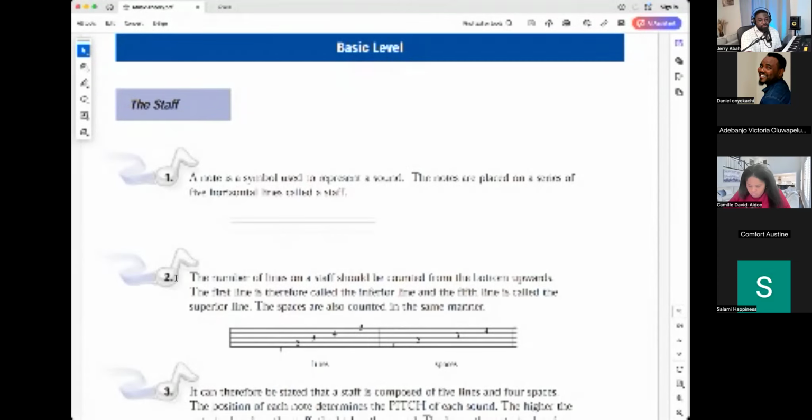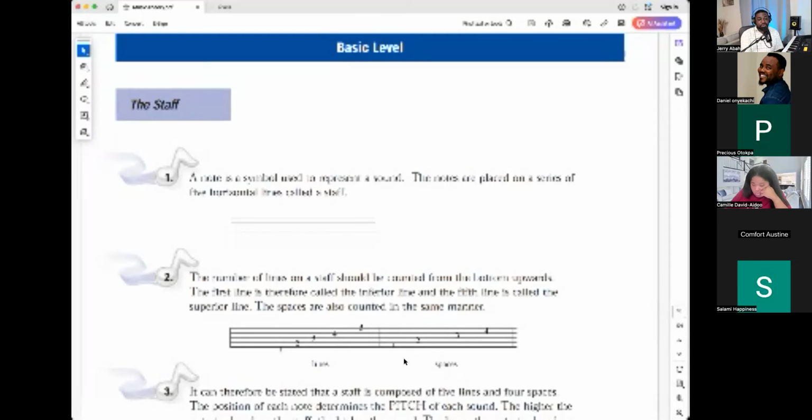And then on bullet point number 2, you see how those 5 lines are numbered: 1, 2, 3, 4, 5, and then spaces. The spaces between the lines are also counted. There are 4 spaces between 5 lines. So each of these lines and each of the spaces are places where you can place a note to represent a musical sound.